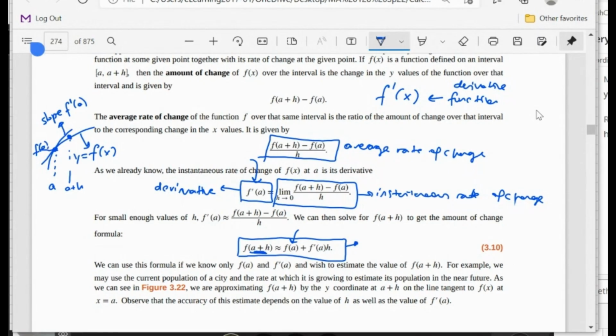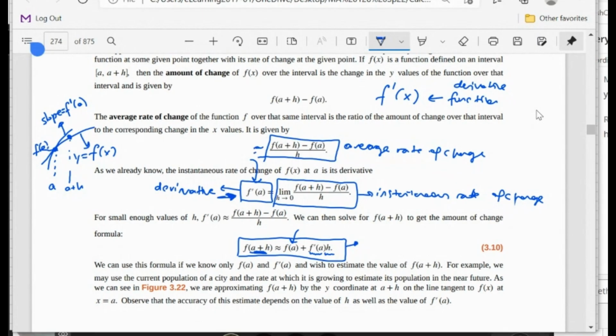And you can just add to this the rate of change at a times how much the x is changing. Because, just look at this formula that we discussed, the derivative corresponds to the slope of that line that is tangent at a.